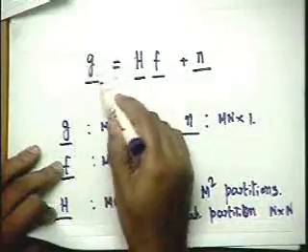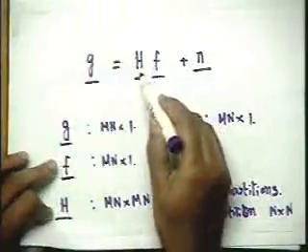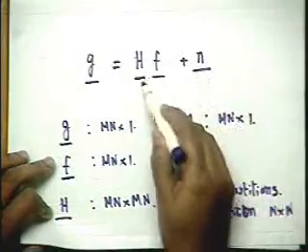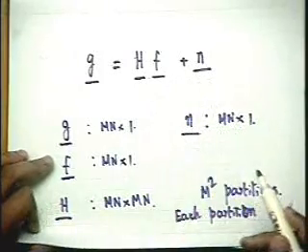And in the discrete domain, we should remember this expression: G, the degraded image, is equal to Hf plus n, where H is a block circulant matrix.